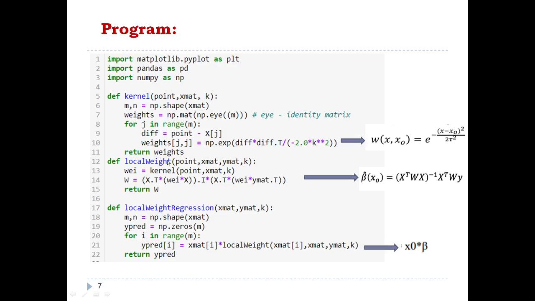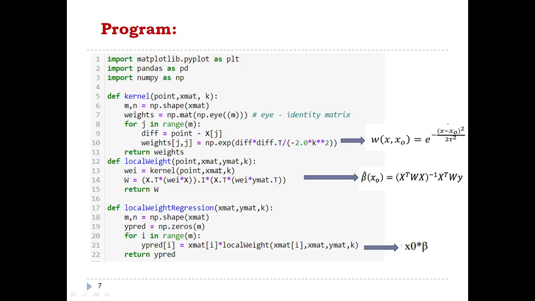Now in the local weight function, it will take as input parameters that particular bill amount point, the entire bill details, the tips amount, and the local number of points, that is 8. Then again it calls the kernel function to calculate weights for this point.